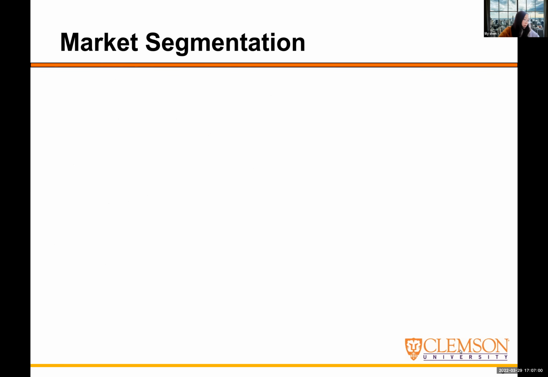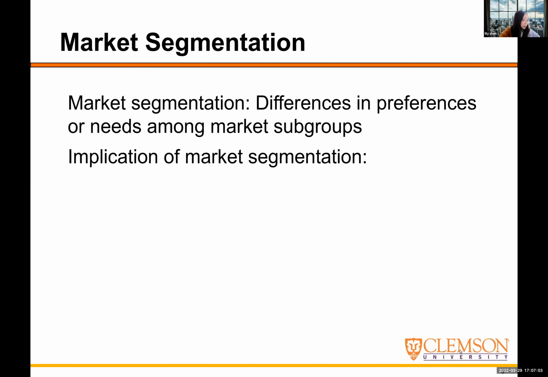We talked about this in chapter 1. This is very important: market segmentation. We talked about how real estate is different. If you're talking about the space market, the user market, people have different preferences or needs, depending on which subgroup you're trying to offer the product to.